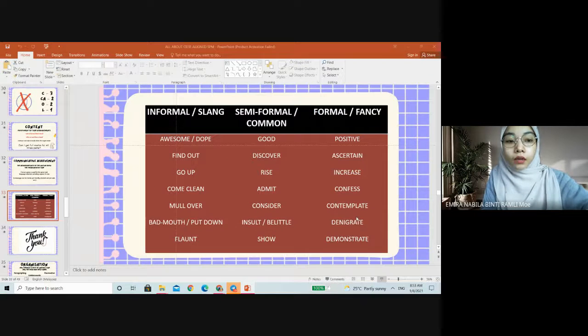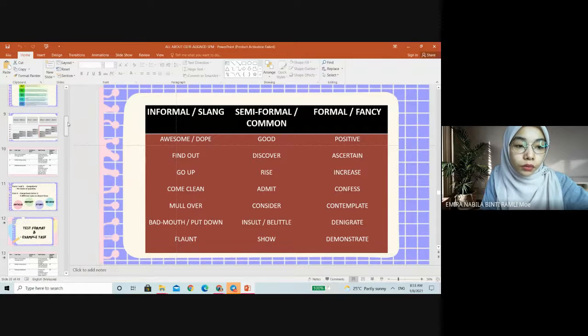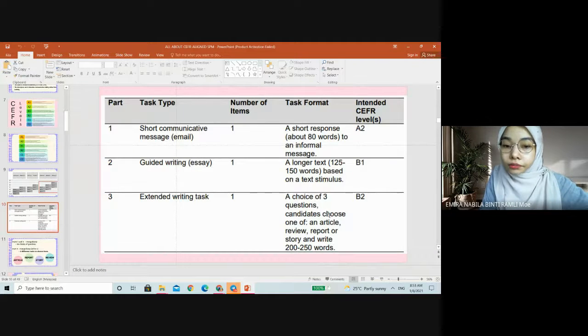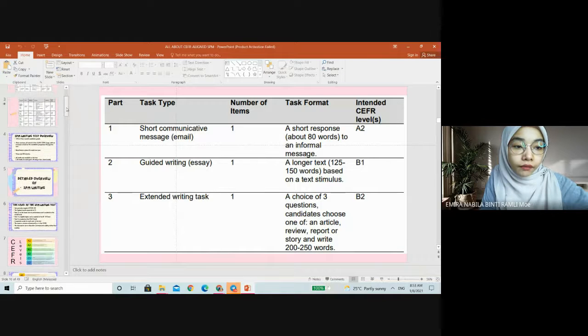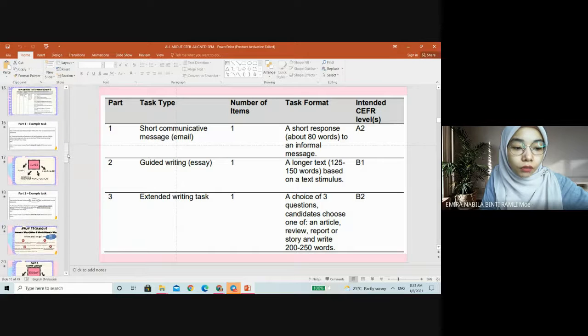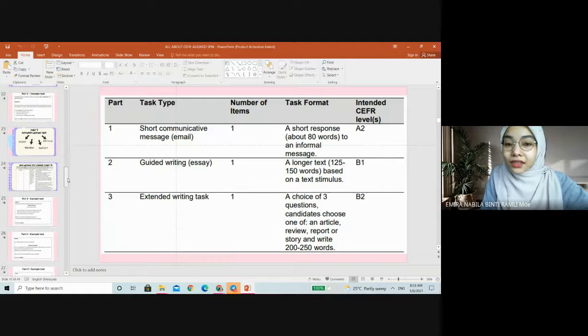Kenapa? Why? Because when we do the marking, so I'll show you another slide. When they do the SPM examiner, when they do the marking, dia akan tengok you punya, this one here. They will definitely look at your level of writing. Adakah dia formal, adakah dia tidak formal dan sebagainya. Okay, so you definitely have to achieve this task.